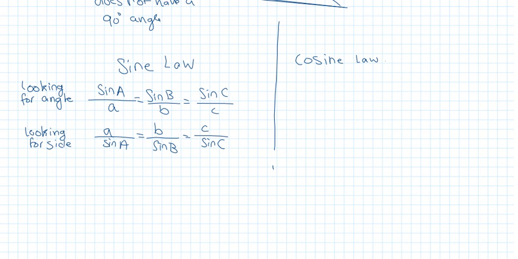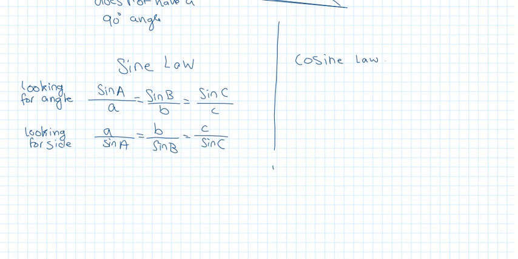So let's say if you're looking for a side and you know B and you're looking for A, then you use these two, right? Or let's say if you know C and you're looking for A, then you use A and C, right? So it depends on what's given to you, you use two of the ratios. And then if you are looking for an angle, you know B and C, you know B, you're looking for C, you use these two, for example. Okay? So it depends on what you're given and what you're looking for.